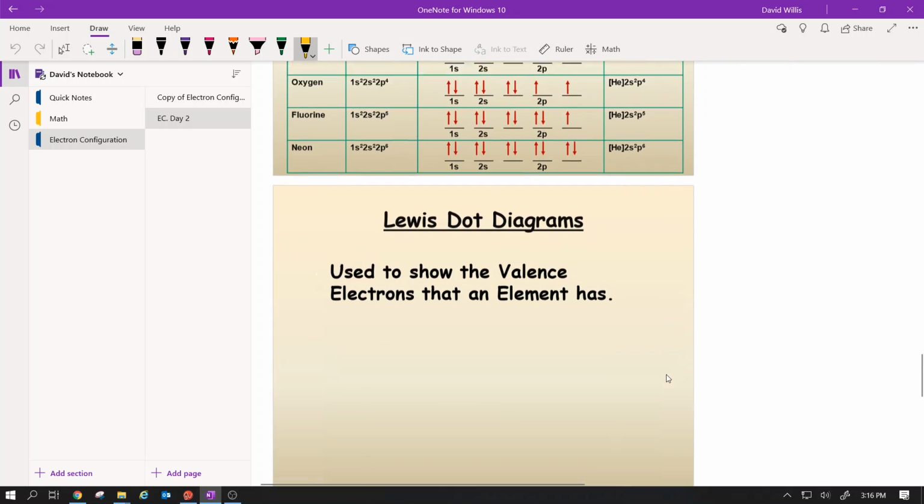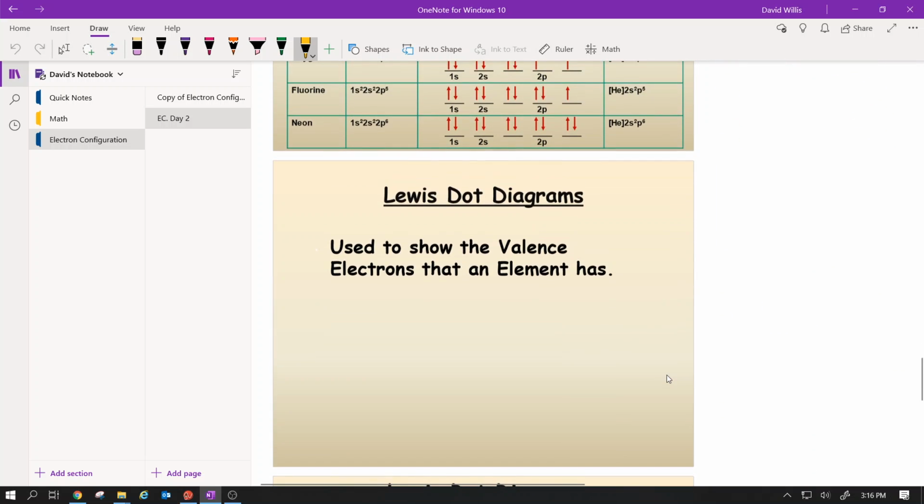Last thing for today: Lewis dot diagrams. A Lewis dot diagram is used to show the valence electrons that an element has. So this is about valence electrons. We are going to put the element symbol in the middle and the electrons on the outside.